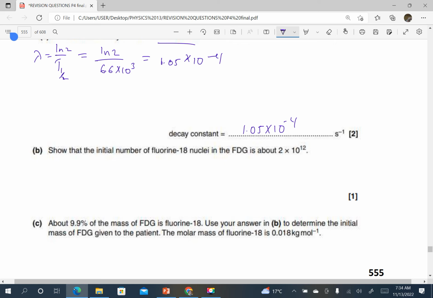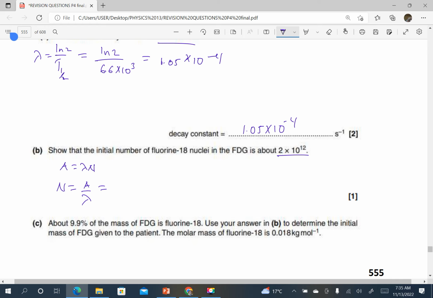Show that the initial number of fluorine 18 nuclei in FDG is about 2 times 10 power 12. So we want to show that the initial number of fluorine is 2 times 10 power 12. Activity is equal to lambda times N, where N is the number of nuclei. So the number of nuclei is equal to activity divided by decay constant.